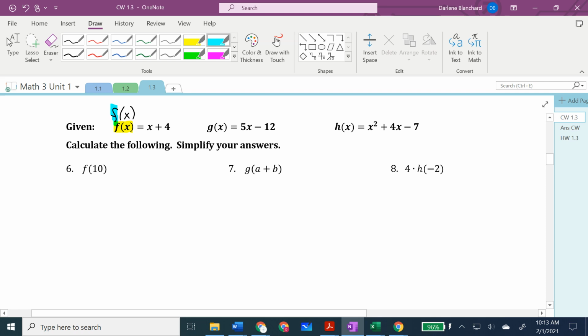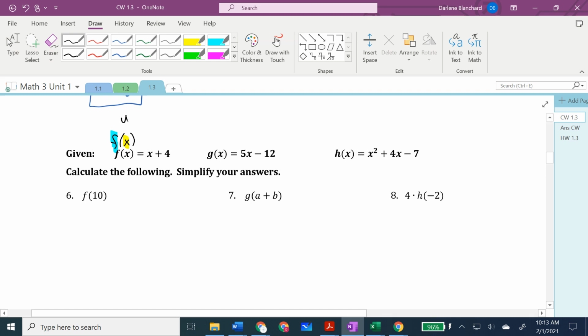This is giving you a name of a function. This is telling you who the input variable is. And writing f of x is essentially the same thing as writing y.